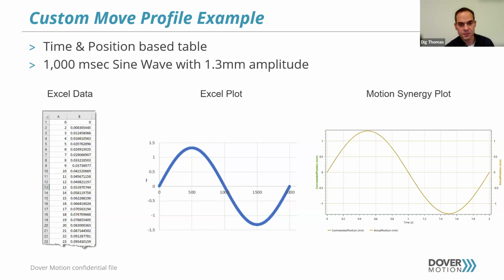So we have customers potentially following a scanning axis with a focusing axis, again to help improve throughput. That way, the z-axis is already there and settled at the same time the scan axis gets there, or the sample.